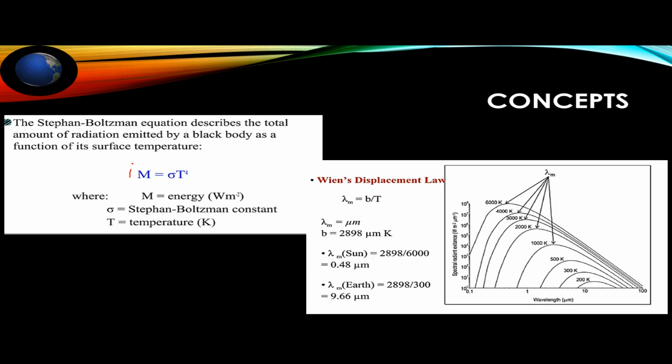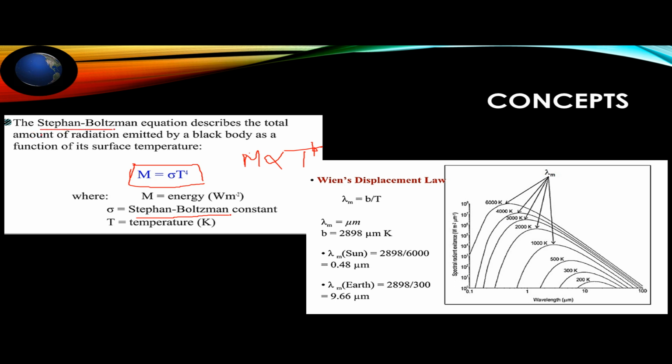M is directly proportional to the temperature to the power of 4. So we can say here M is directly proportional to T to the power 4. T is the absolute temperature in Kelvin. When this proportionality sign is changed to equals, a constant comes in, sigma, which is called the Stefan-Boltzmann constant.